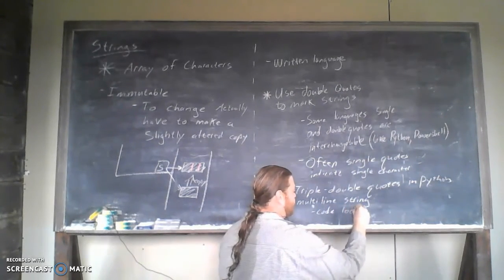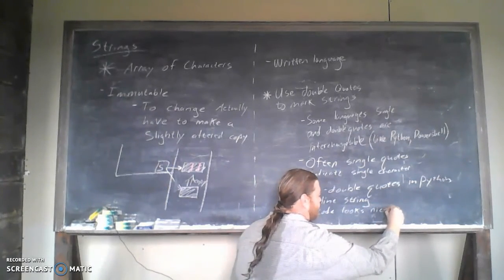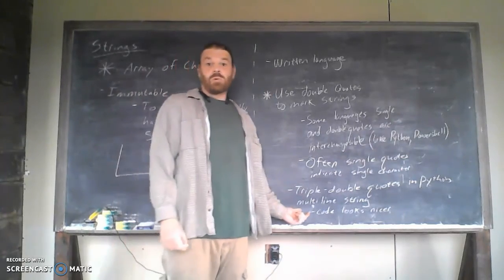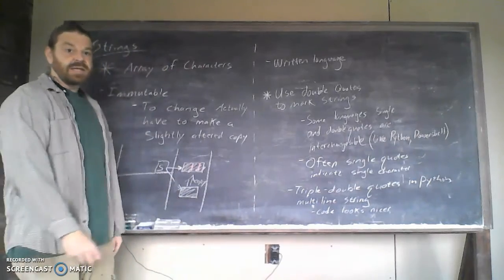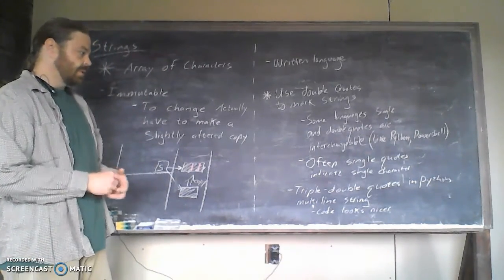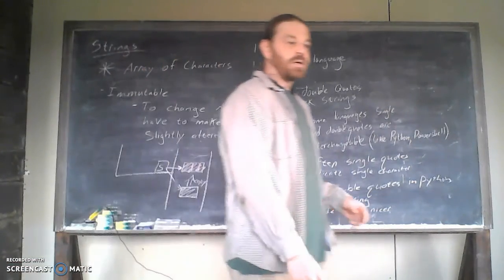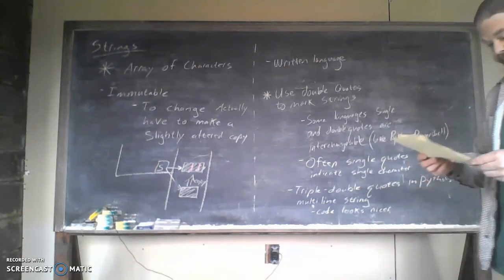If we use 3 double quotes in Python, the interpreter just ignores any line breaks. Makes it look a little nicer. It's up to you which way you want to use that.